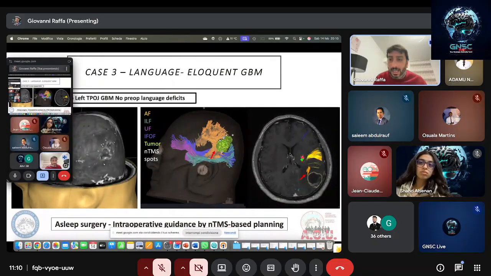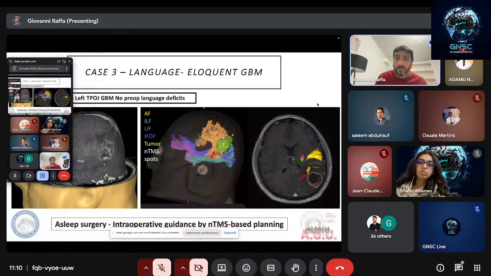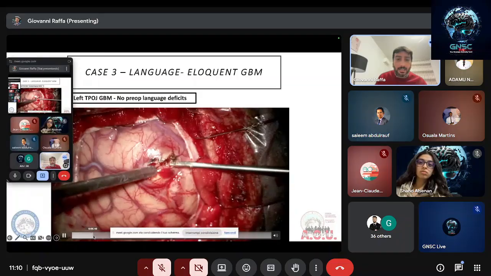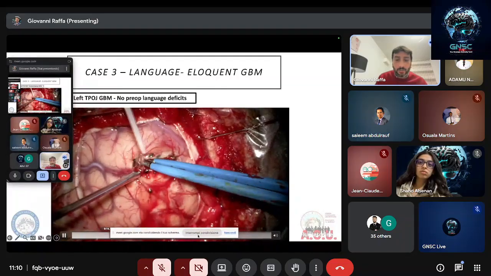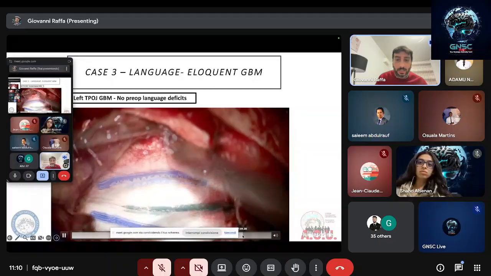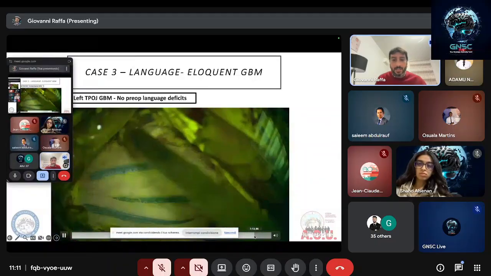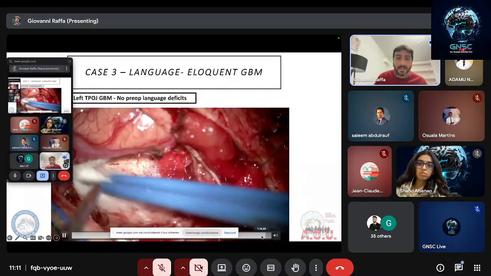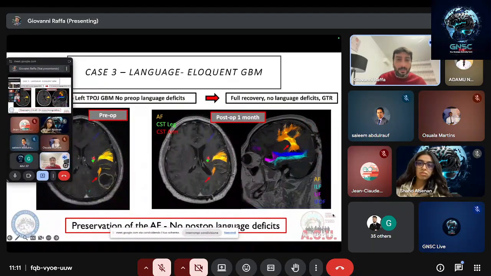You can see here in the axial scan, the lesion is very close to the vertical portion of the arcuate fascicle in orange, but the patient was not eligible for awake surgery, so we performed an asleep surgery, and everything was performed using the guidance of our neural navigation and our preoperative NTMS mapping, and this is the final result.